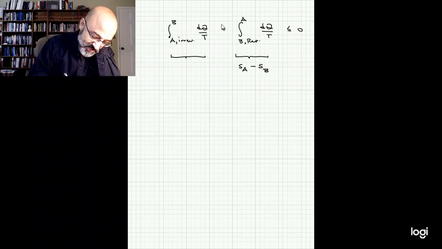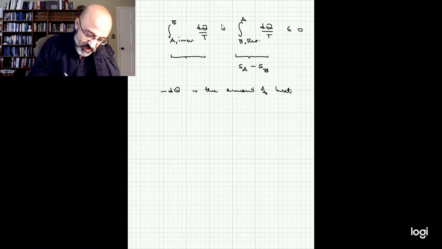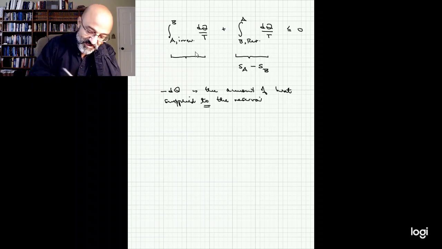So let me write here that minus dq is the amount of heat supplied to the reservoir. dq is the amount of heat supplied to the system, minus dq. So the quantity that we have here is minus the change in the entropies of the reservoirs.